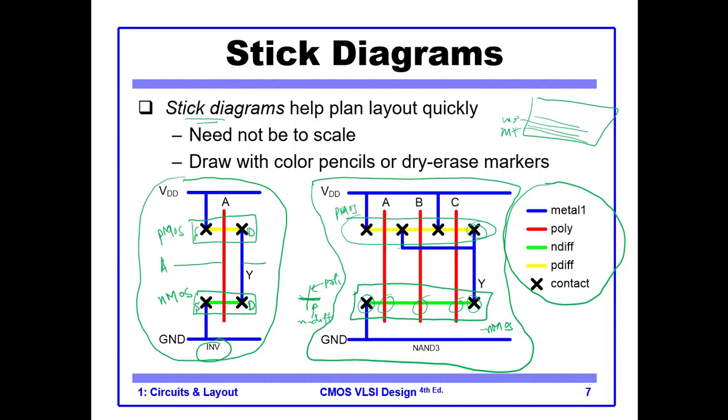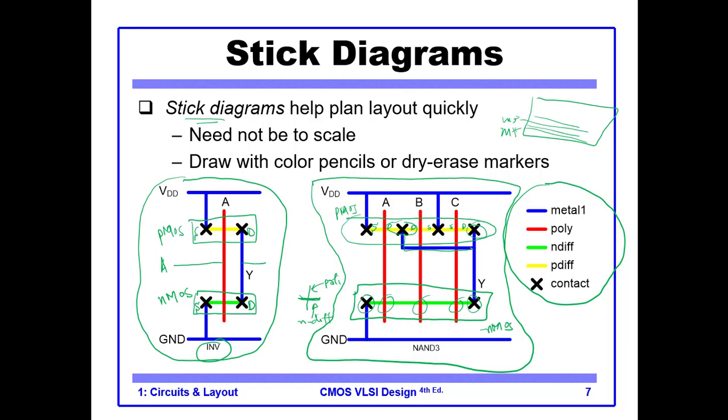and they are in parallel because this is the source of A, this is the drain of A. This is the drain of C, the source of C. Okay, and this is the source of B, and this is the drain of B. So these drains are connected.